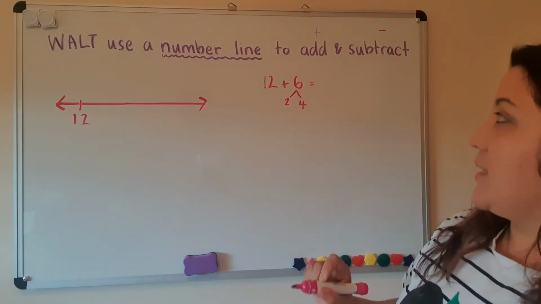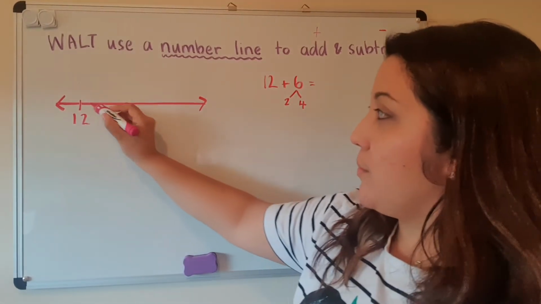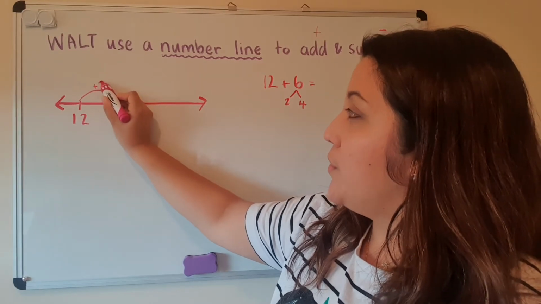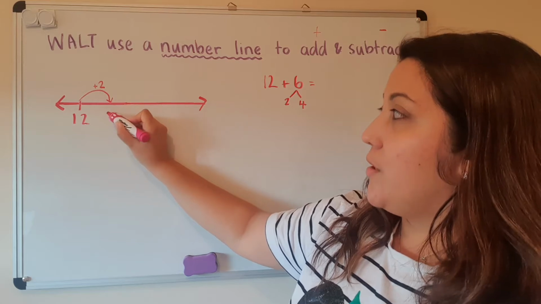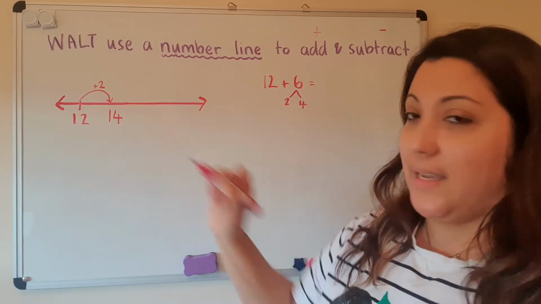My friend of 6 is 2 and 4. So I might do 2 jumps on my number line. I might do a small jump of 2, and I know that 2 plus 2 is 4, so I'm going to have 14.